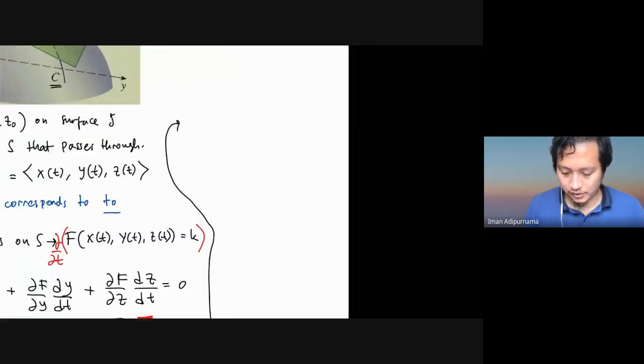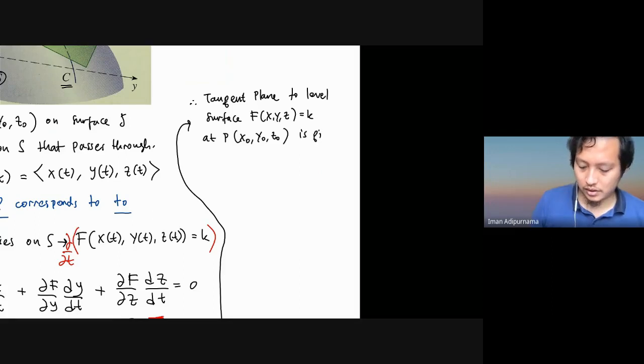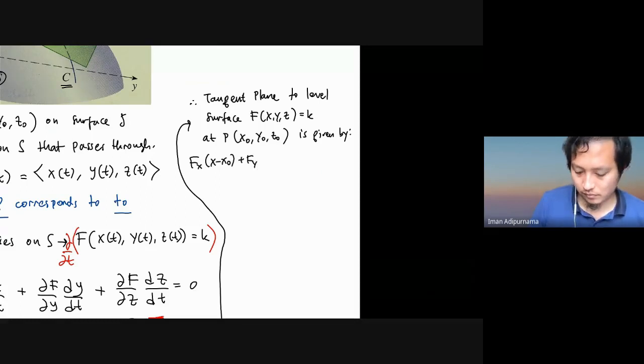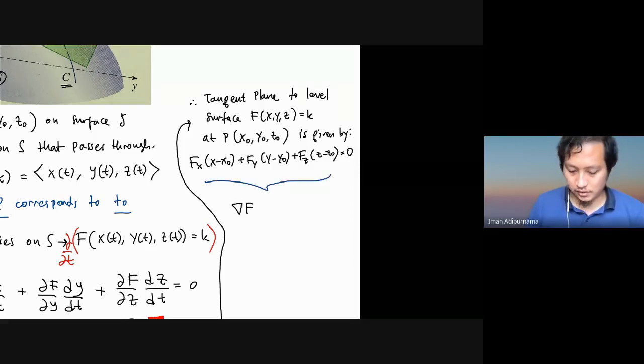As a conclusion, let me write here: the tangent plane to the level surface is given by, or you can write in terms of the gradient vector at this point dot r minus r0.